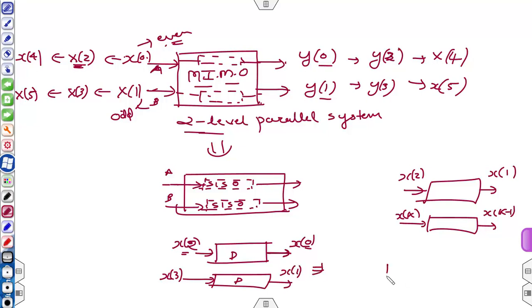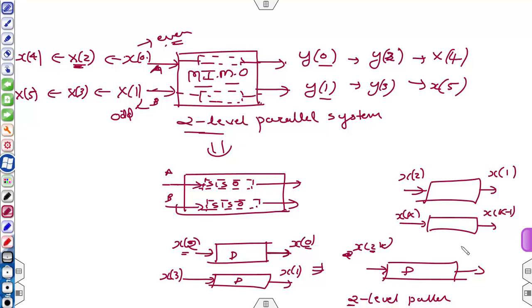So I can conclude that for this two level parallel system, if the input to a delay element is x of 2k, and again I am repeating this, since this is a two level parallel system, I will prefer to represent the samples in multiples of 2, the output will be, here you can see that there is a difference of 2, so x of 2k minus 2.